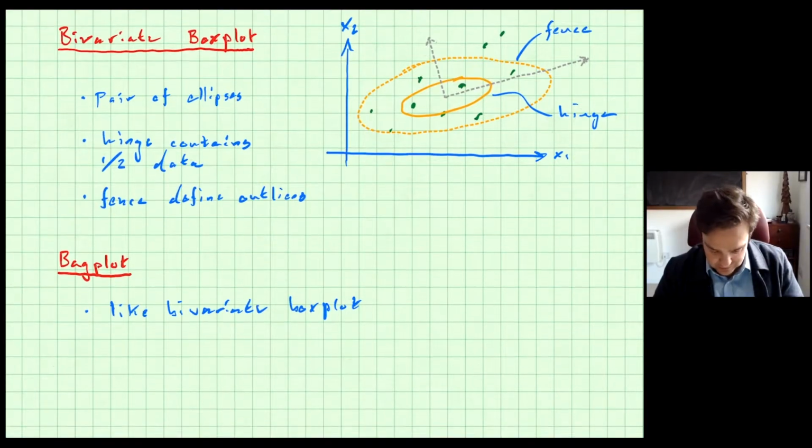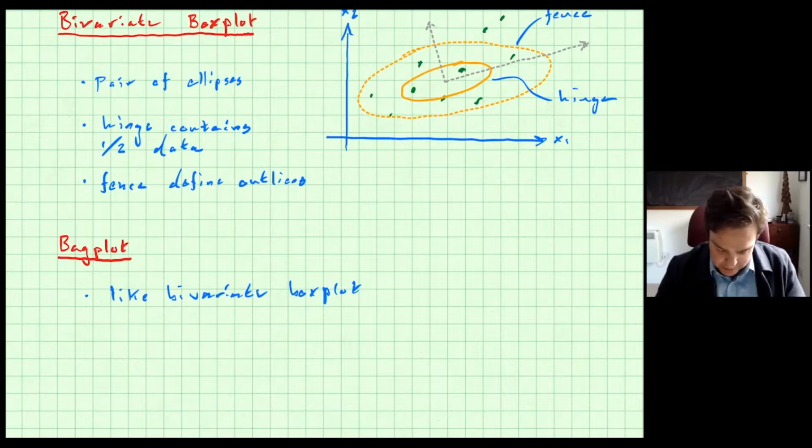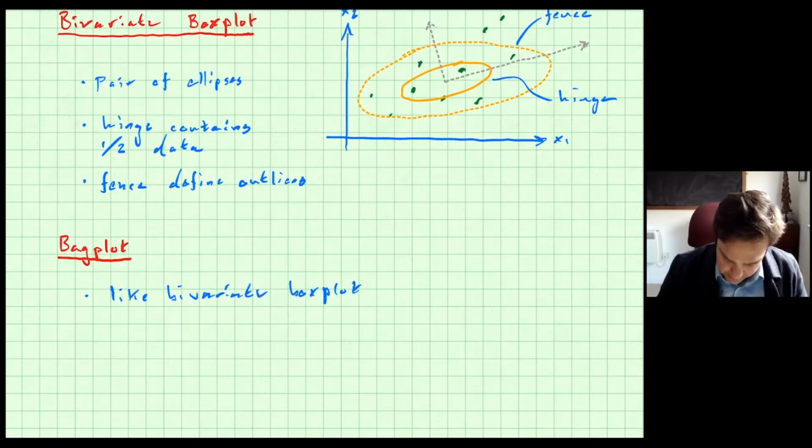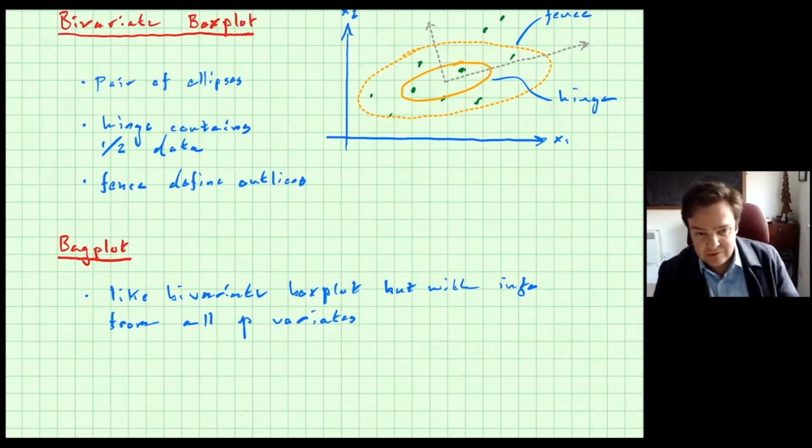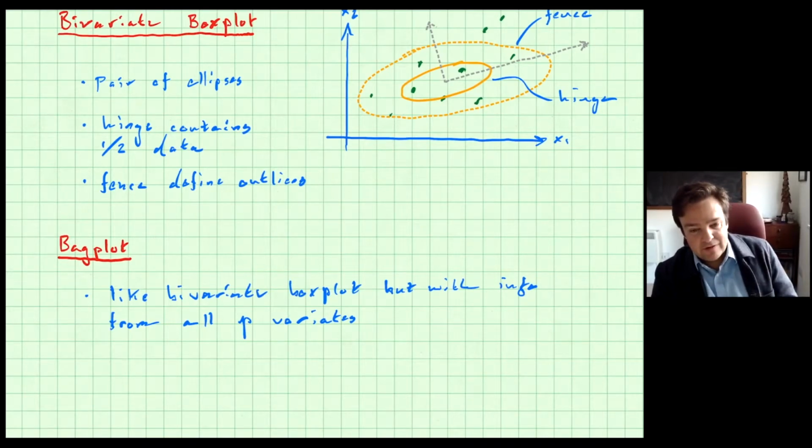But in the case of the bag plot, it contains info from all p variates. So in our case, p is 5. So that's a 5-dimensional space looking at all those variates.